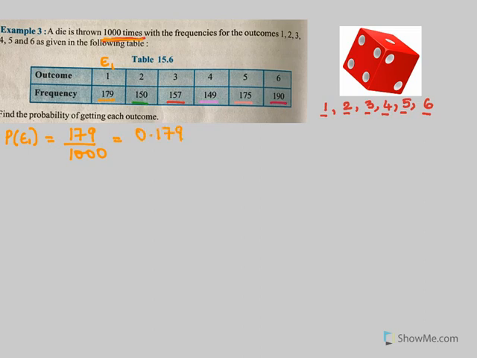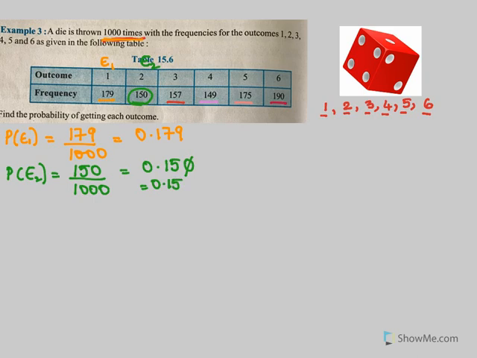Now let's go to find the second event. The probability of the second event. That is how many times 2 came on the dice. And you have seen it is 150 times, out of 1000, which is the total thrown. So 0.150. And this last 0 has got no value. You can also write it as 0.15.